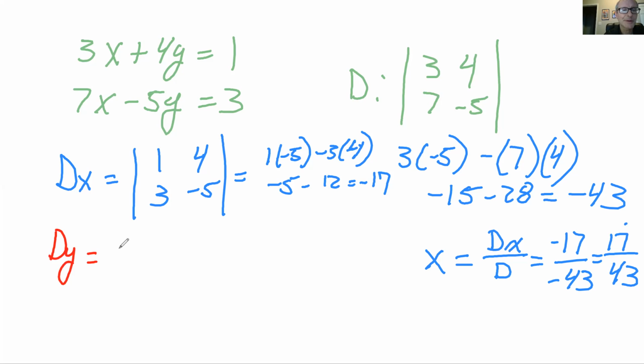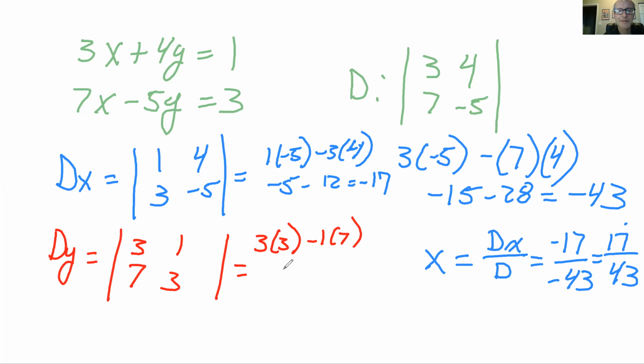So what would be d of y? Well, this would be the determinant where you keep the 3 and 7, but you replace the answer with the y. And so if you got that, that would be 3 times 3 minus 1 times 7. And it looks like that would be the answer of 2. And so the y would be dy over d. And so that would be 2 over minus 43.